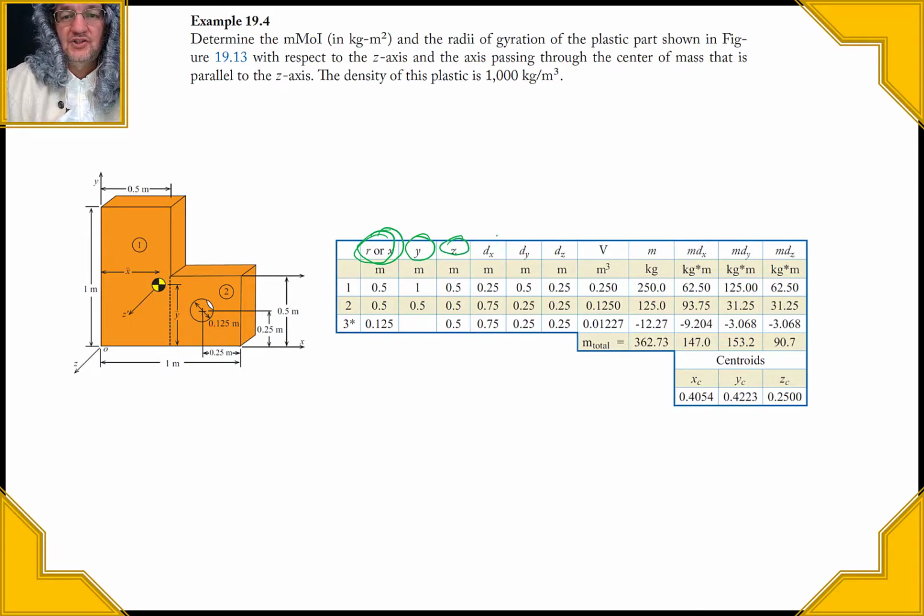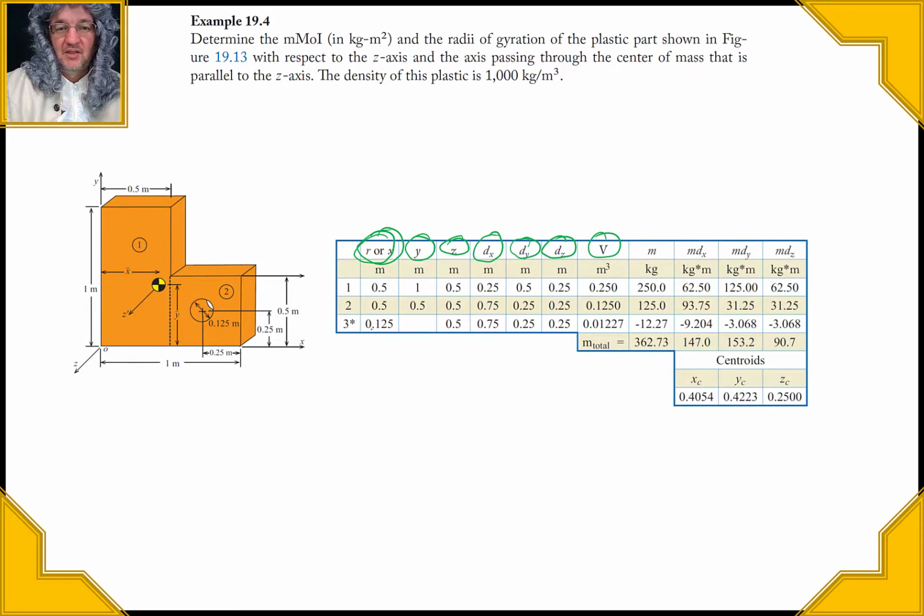And then I also have the distance for each of these pieces from the x direction, from the y direction, and then from the z. The z isn't really necessary because this thing all has the same thickness to it. So we're hoping we could just guess what the center of mass is in the z direction. But we find the volume here where we just multiply the x, y, and z by each other.